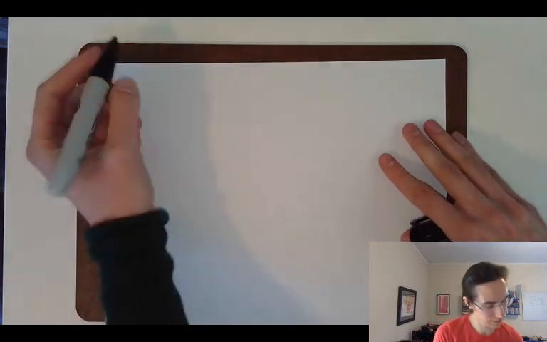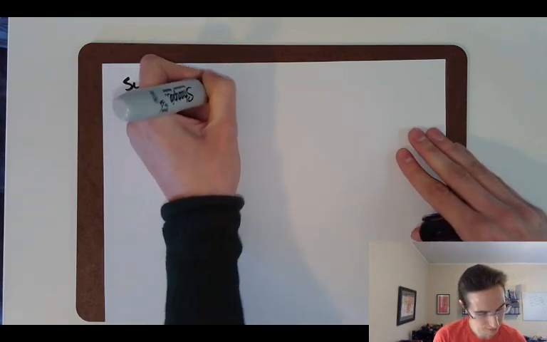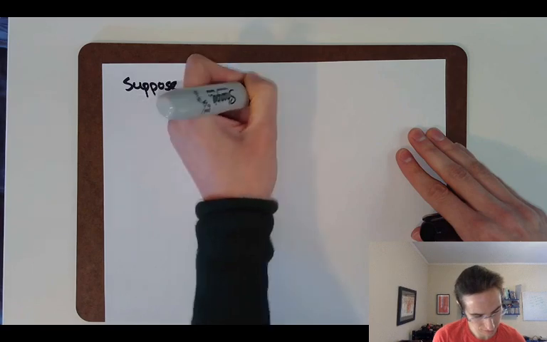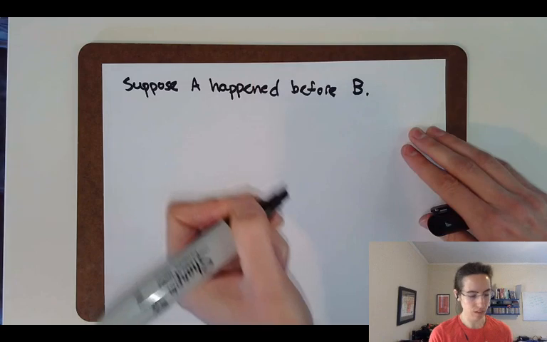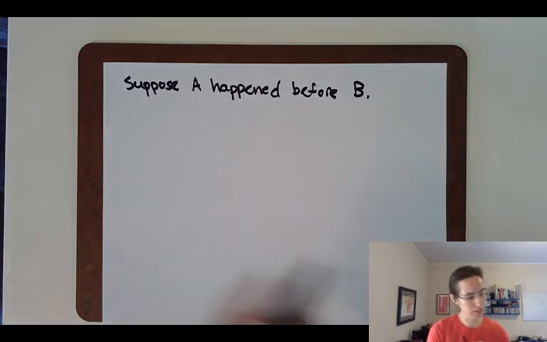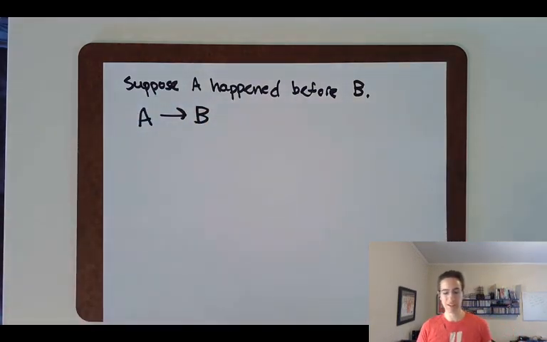And let's suppose that I know that A happened before B. The notation that we're going to use for that is A arrow B. So we'll write A arrow B like this when we know that A happened before B. We'll talk about ways to know that A happened before B sooner or later.